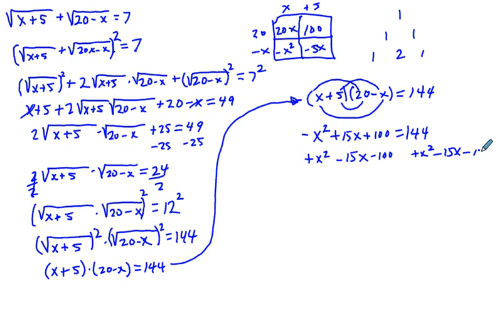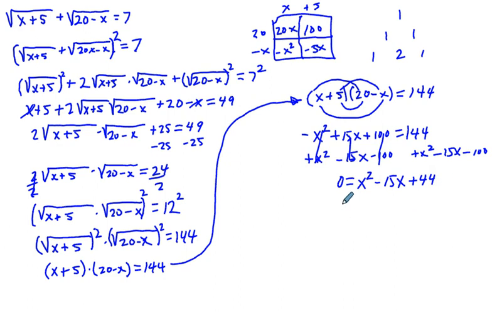On the left side, everything cancels, and we're left with 0 equals x squared minus 15x, and then we have 144 minus 100, which is going to be 44.